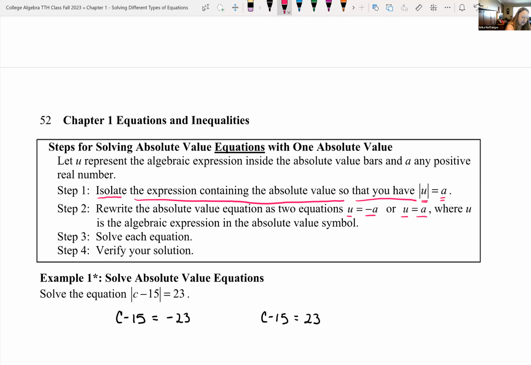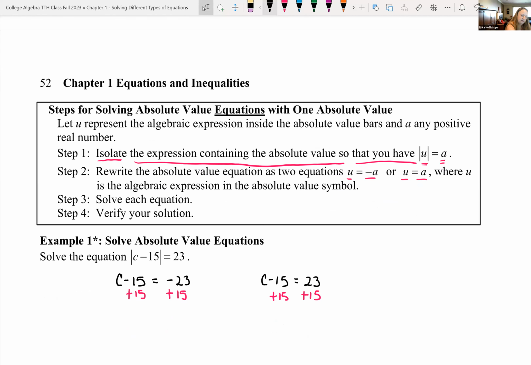If we add 15 to both sides of the equal sign on each equation, we would isolate c. For our first equation, adding 15, we have c is equal to -23 plus 15.